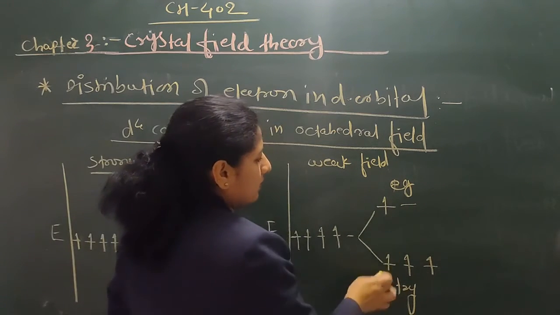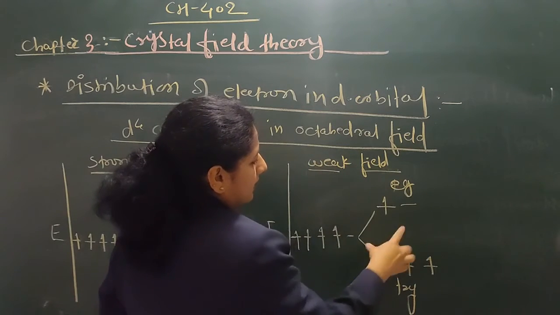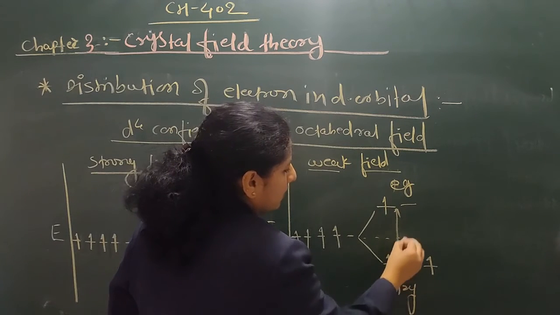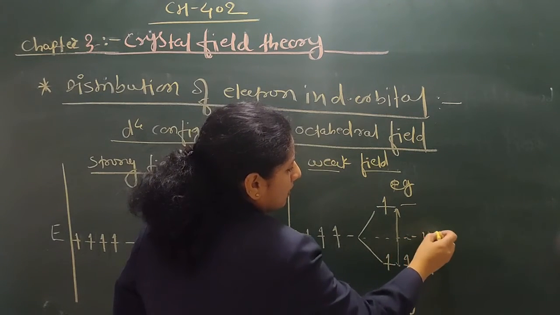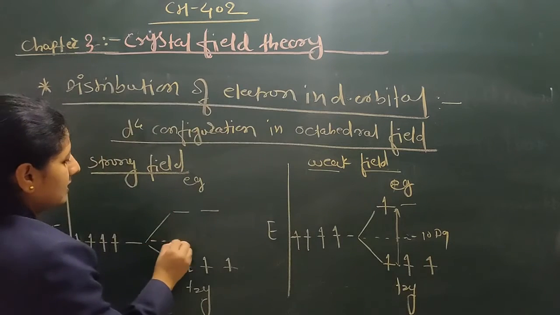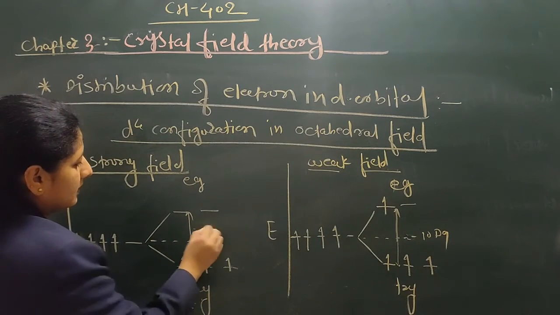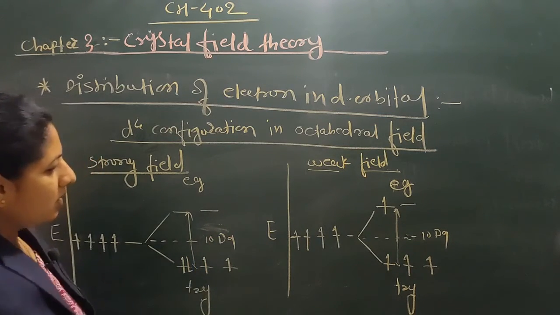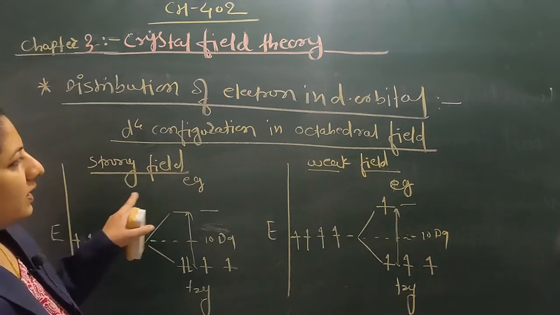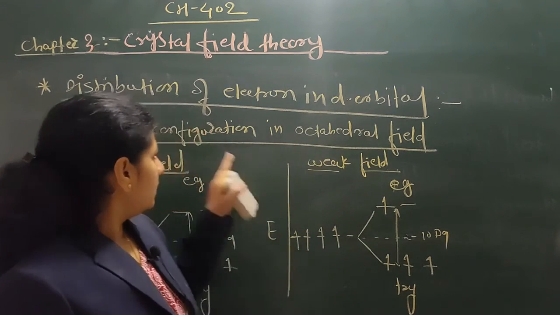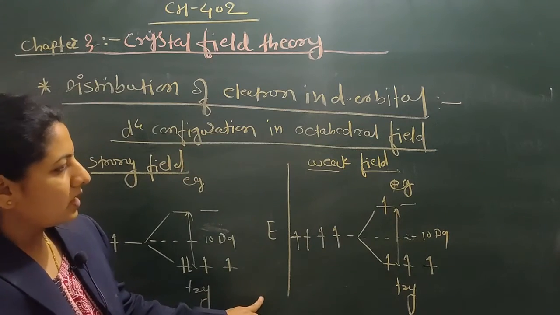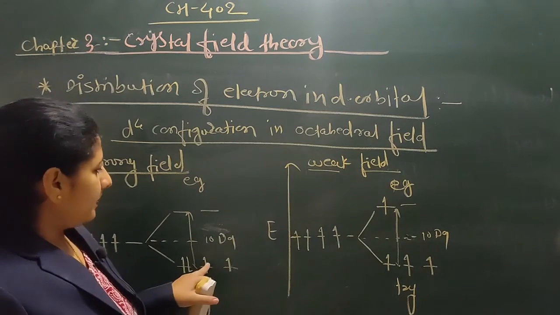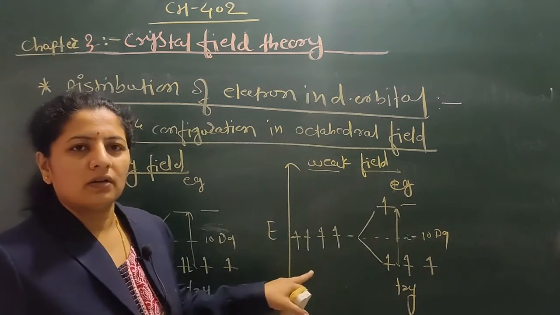This is the 10 Dq value, with the barycenter at 6 Dq, so the total is 10 Dq. So this is strong field and this is weak field, for the d4 configuration in an octahedral field.